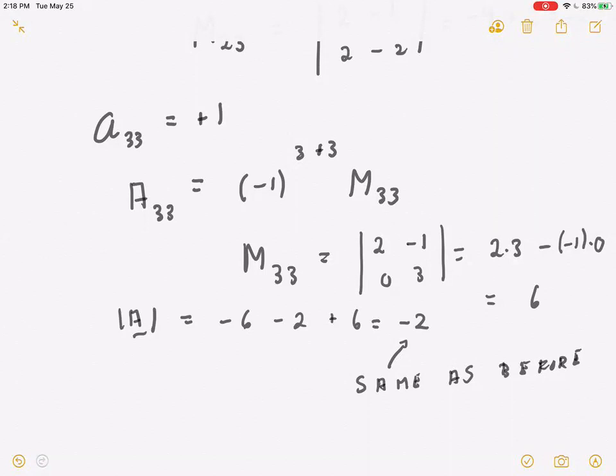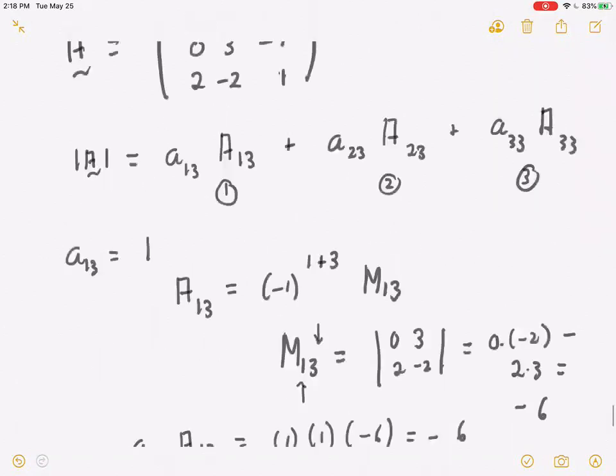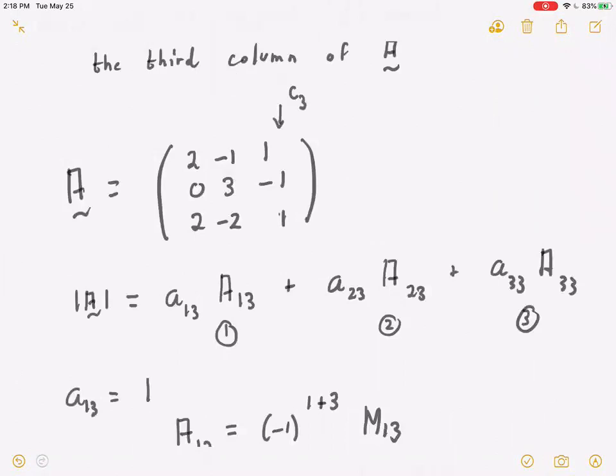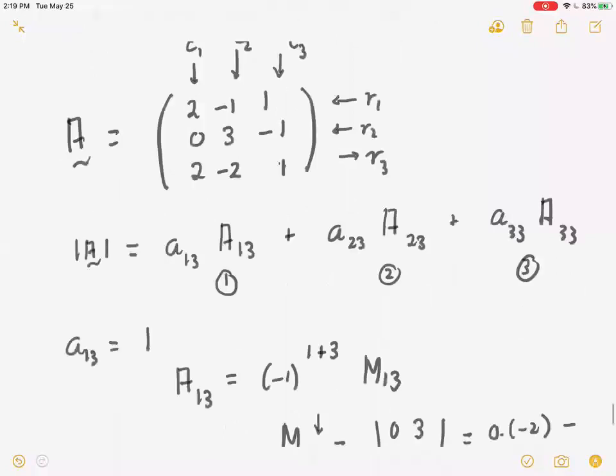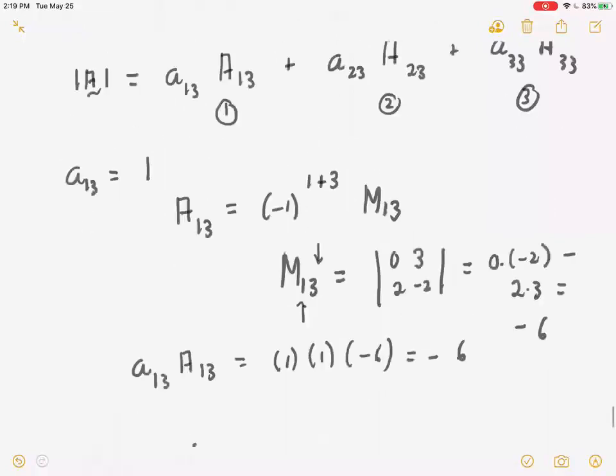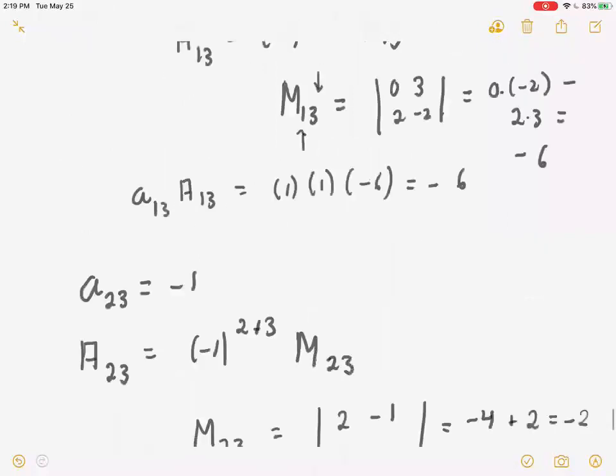For this example of a 3 by 3 coefficient matrix, there are in fact 6 different ways to solve this problem. You have 3 columns and 3 rows, and we've done it for at least 3, maybe 4 cases actually.